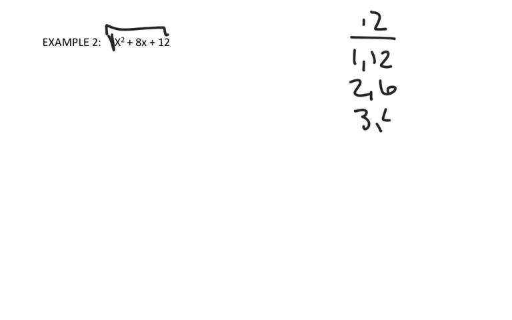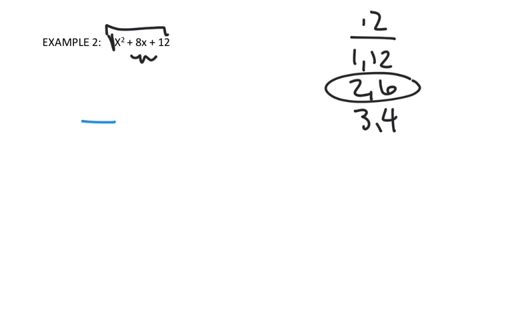So example 2, we have 1x squared plus 8x plus 12. So no greatest common factor to 1, 8, and 12. So we're going to multiply 1 times 12, which is 12. So factors of 12 are 1 and 12, 2 and 6, and 3 and 4. So we need the pair that adds together to give us 8, which is 2 and 6.